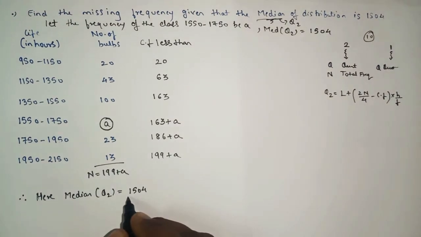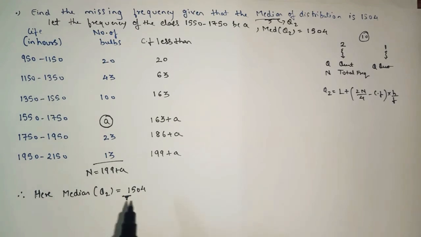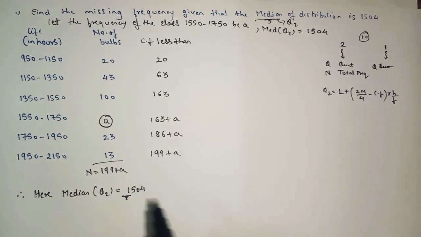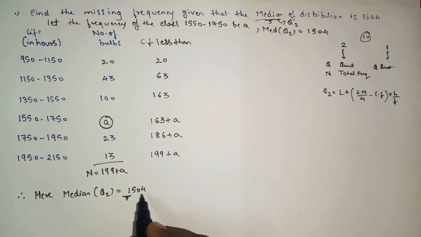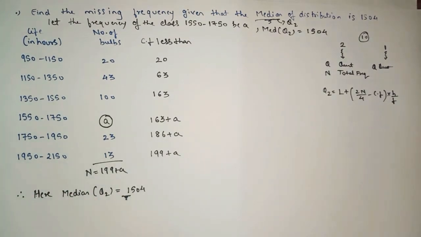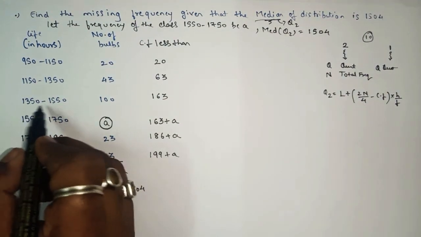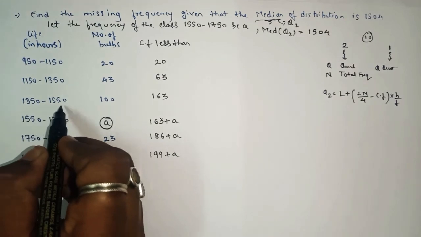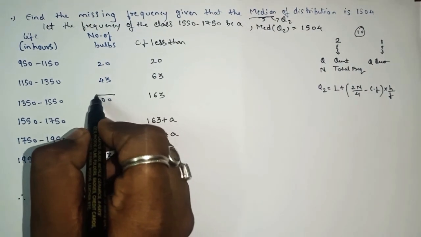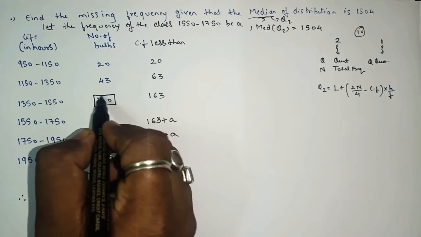As we know, whenever we have the value of a median or any quartile, just check in which class it lies. As 1504, where will it lie? It lies between these two classes, 1350 to 1550. So of course our median class, median frequency will be what?